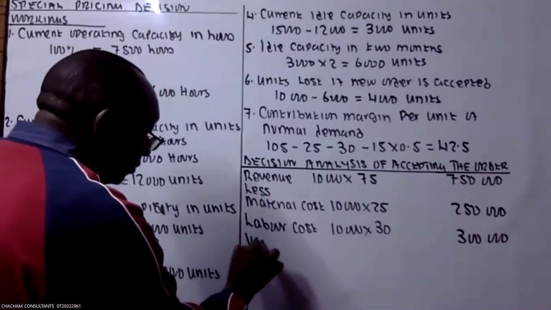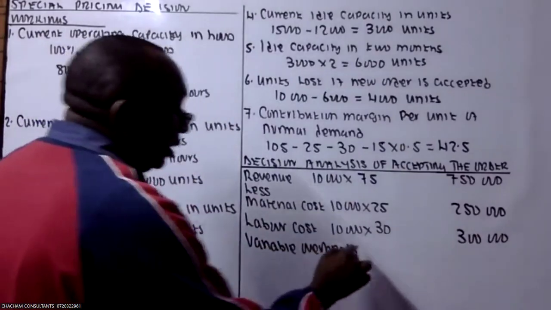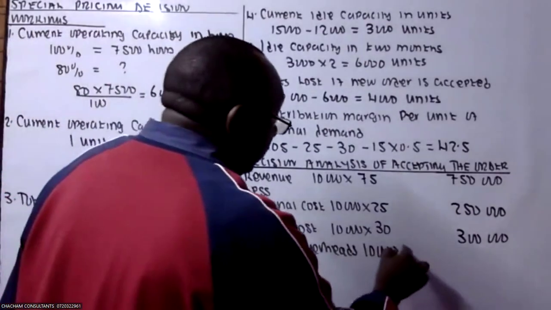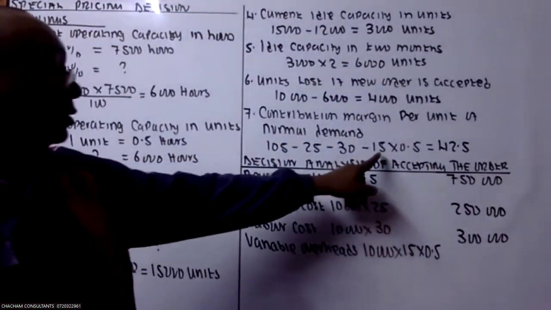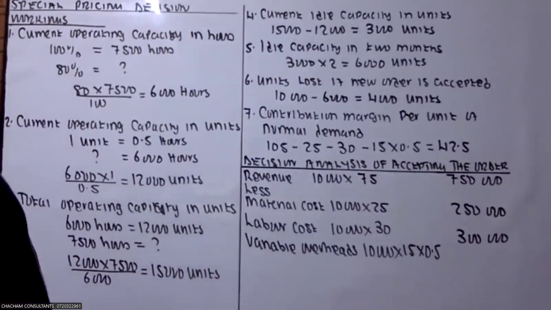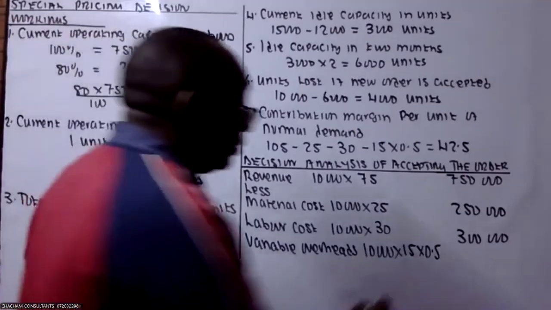Variable overheads: 10,000 times 15 times 0.5, which is 75,000.